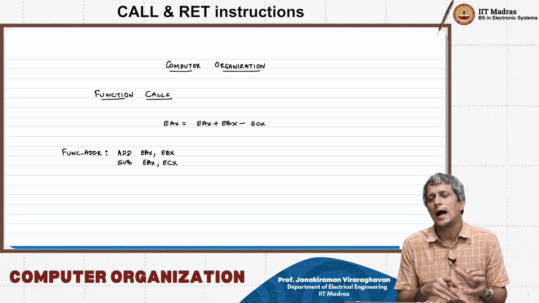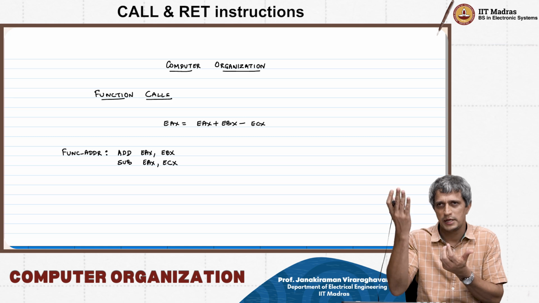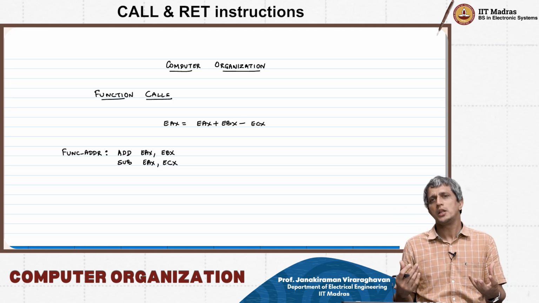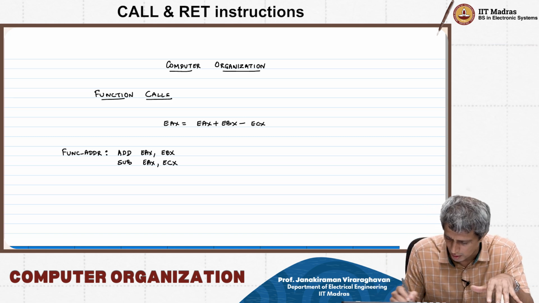But now I want to write something in assembly language that can call this function, do something with it, and then I need to return. So let us see what that thing is.